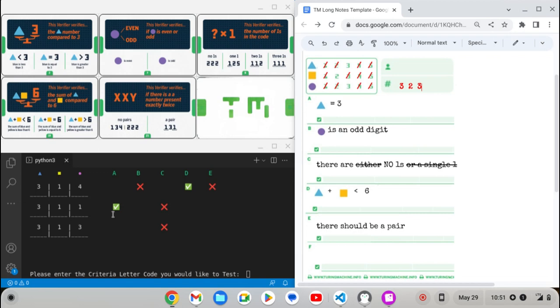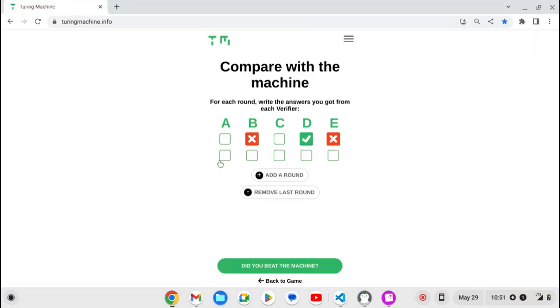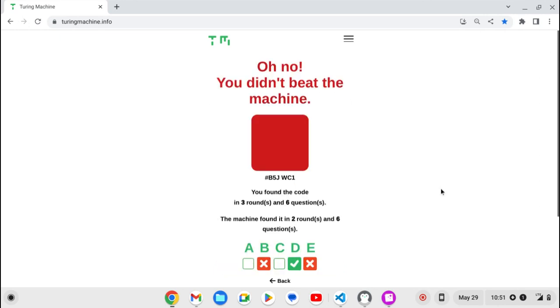Yes. And then we did AC, and we did C twice in the second turn, or the third turn. So AC. So A was correct, C was incorrect, and in the third round, it was also incorrect. Let's see how we did. Oh, okay.